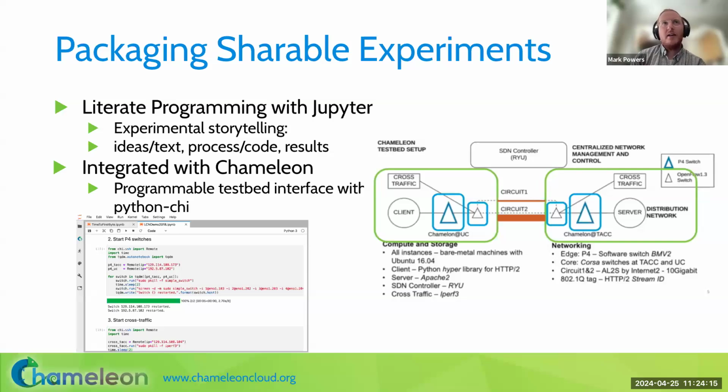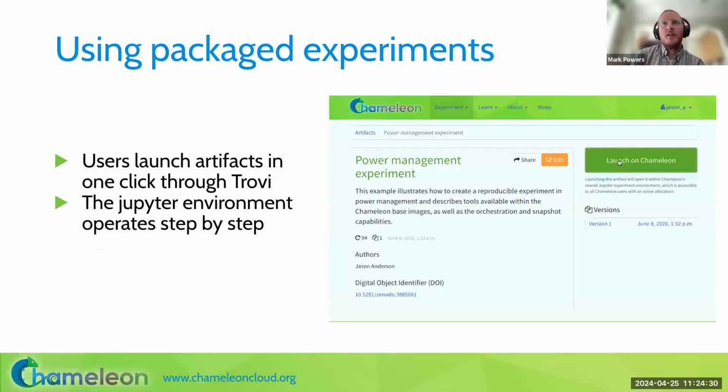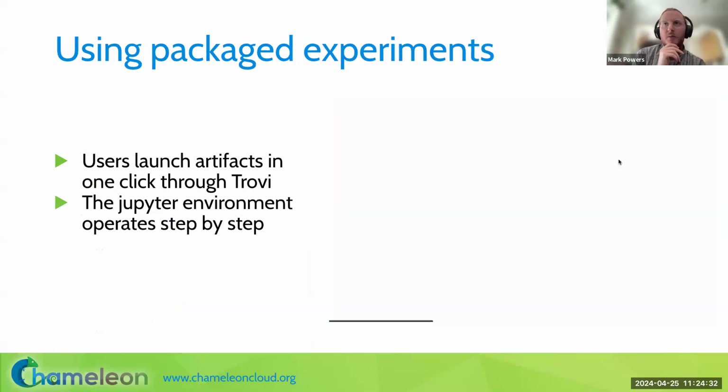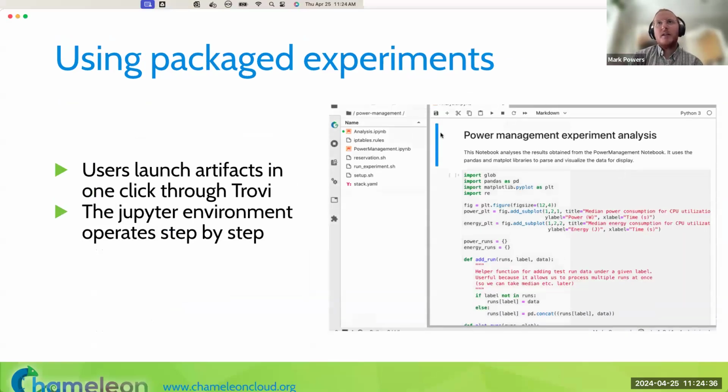And again, I just mentioned it's integrated with Chameleon. So because you were on a Chameleon project, you'll be able to launch this Jupyter environment and provision resources in it. I showed this off earlier, maybe I can show it off again.